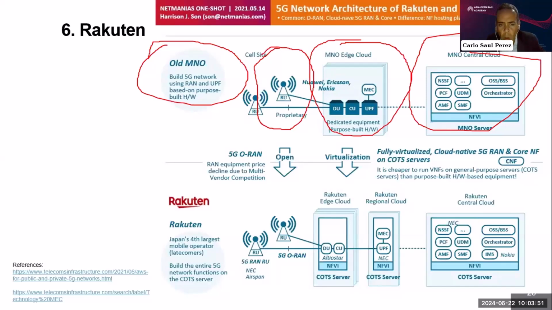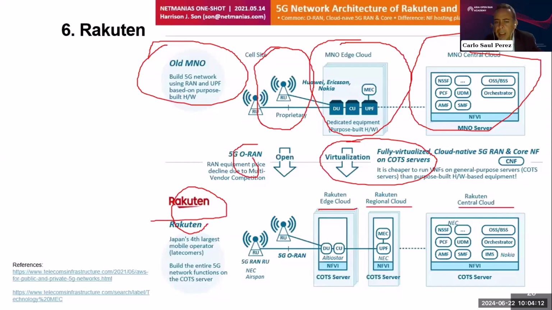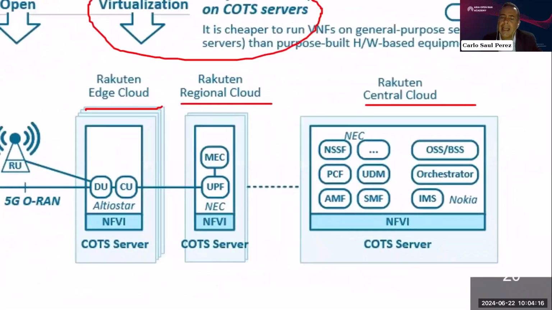But when you start thinking about Open RAN or virtualization or cloudification, you will try to move all of that traditional scenario to a more flexible scenario. And that's what Rakuten was doing. So they deployed all of this in this cloud ecosystem, as you can see here. And so they deployed all of those functionalities in a cloud for Rakuten.